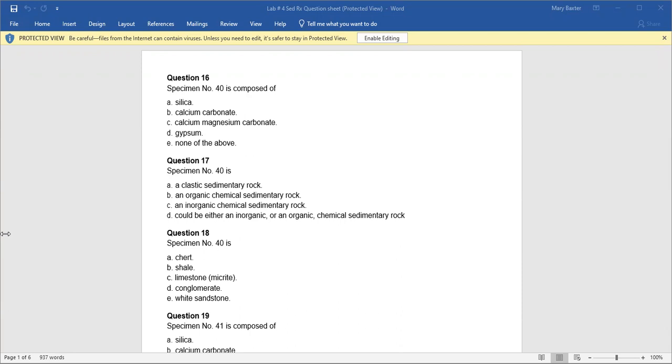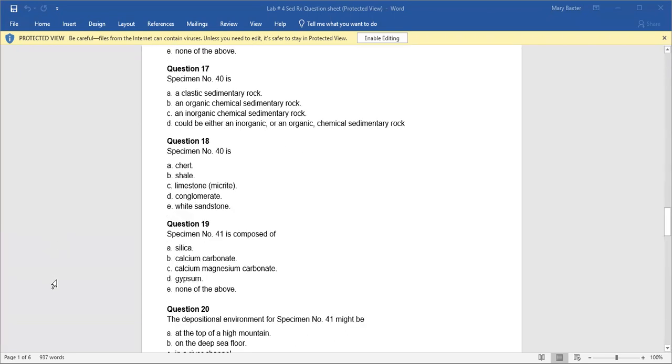Oh, could be either an inorganic or an organic. I put down that it was inorganic, but according to the chart, it could be either, right? Here I was doing an either-or, and it could be either according to the chart that we were working with. Specimen 40, what do we call it?